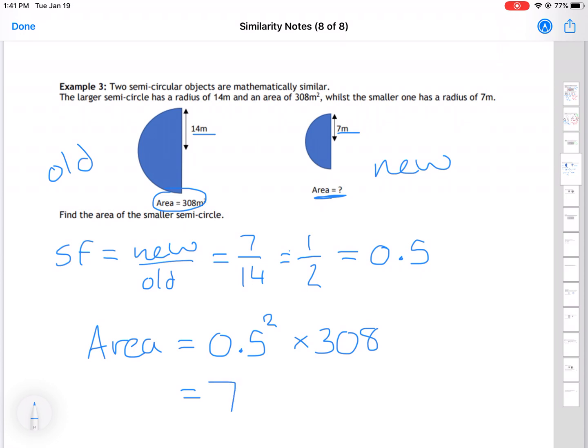And when we do that, we get 77. Pop your units on the end, and that tells us that the area of the smaller half circle is 77 metres squared. We're not asked to calculate that area, we're not asked to do any arcs and sectors, just to use similarity for this one.